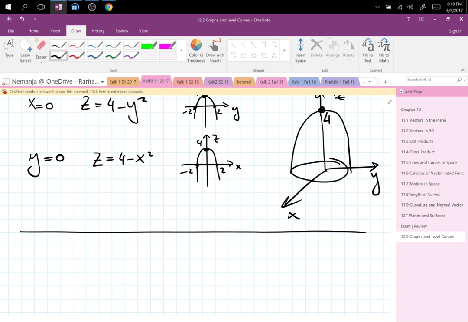Now, what happens if they say it's a three-dimensional object, but one of the variables is missing, x or y? What does that mean?